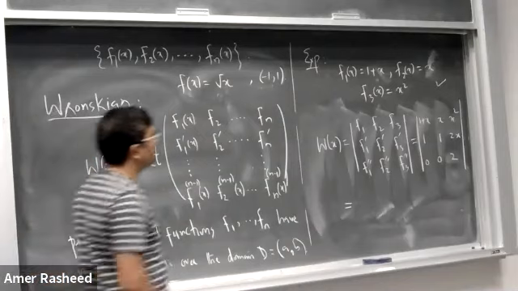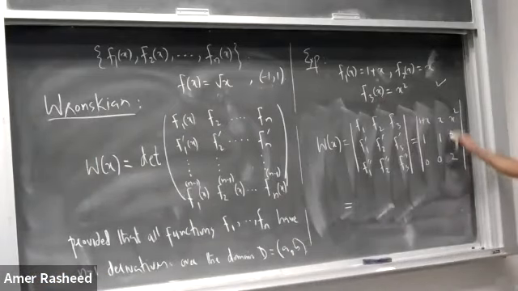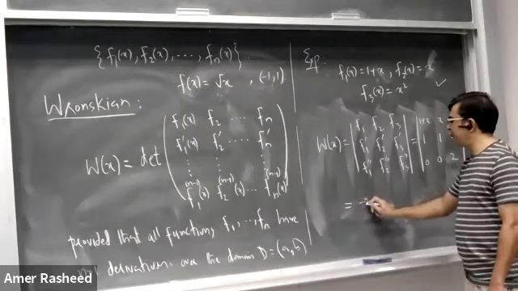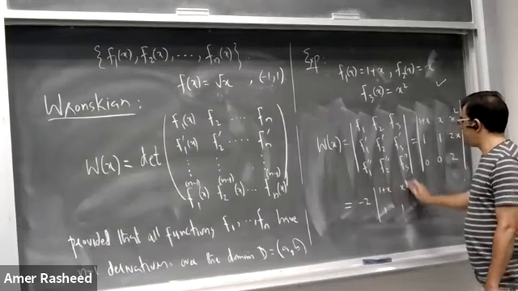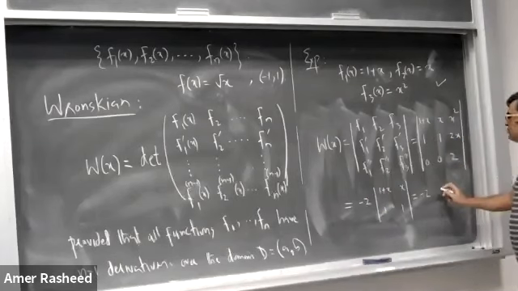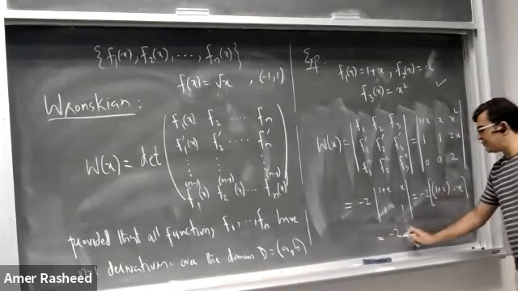Expand along the third row, then you will get -2. So it is -2 and 1 plus x minus x. This thing, and it becomes minus x plus x cancel, and we get -2.